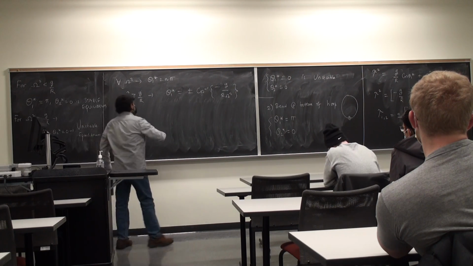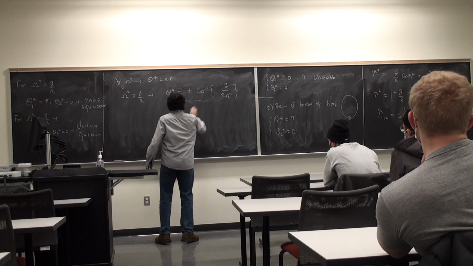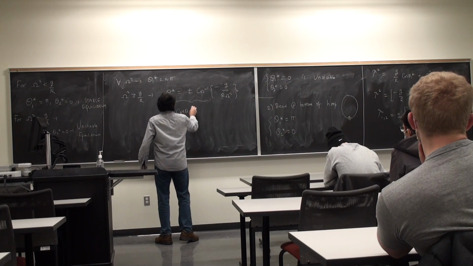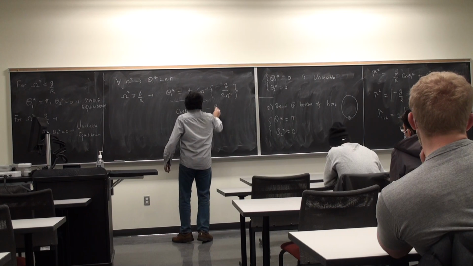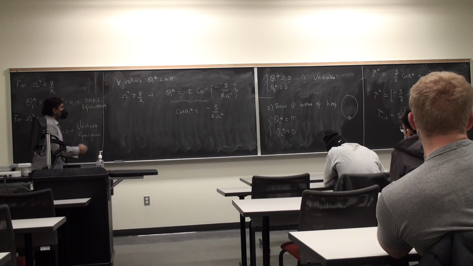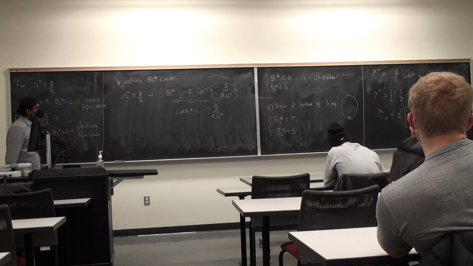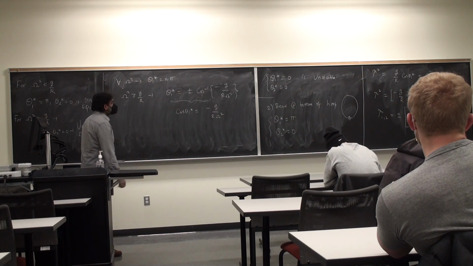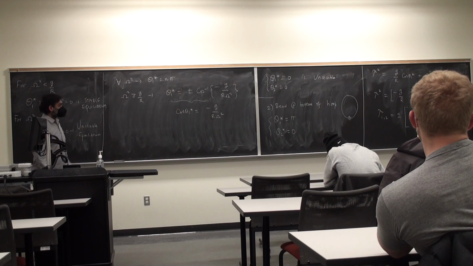So in this case, I can just write cosine theta 1 star is minus g by r omega square. Okay, and we may need to do some manipulations for cosine 2 theta and so on, but we'll do that.